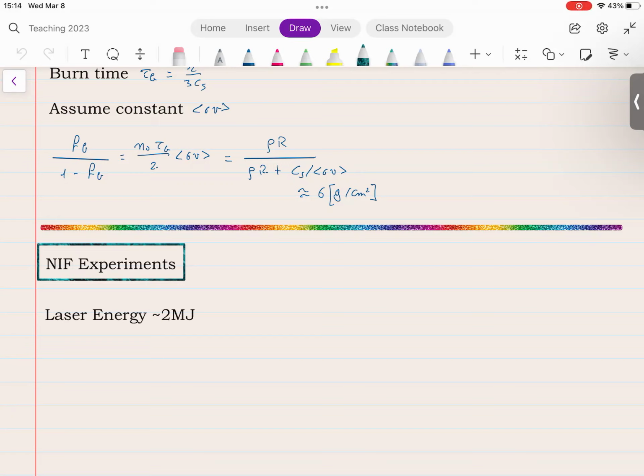Things did not go as planned, and I'm going to follow a short summary from a paper that I will reference in the notes and on Canvas about what happened, and how we got to the ignition shots in December 2022.